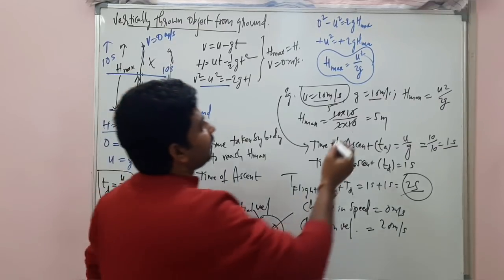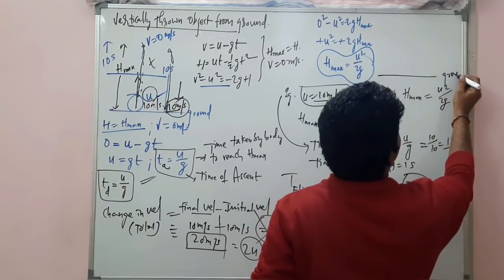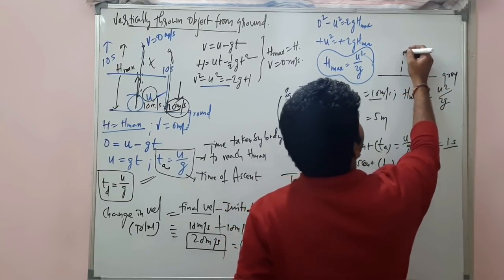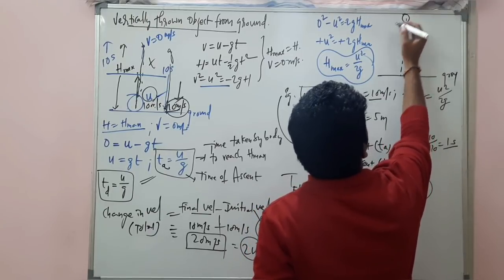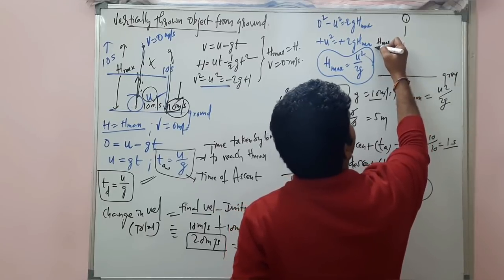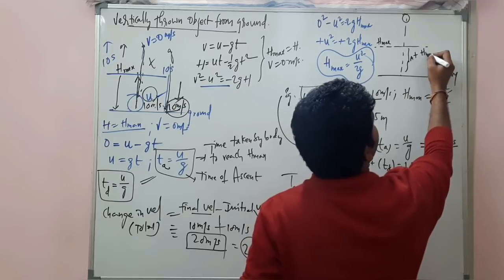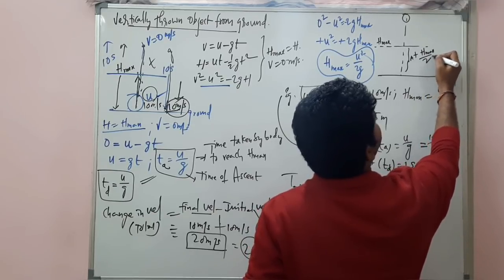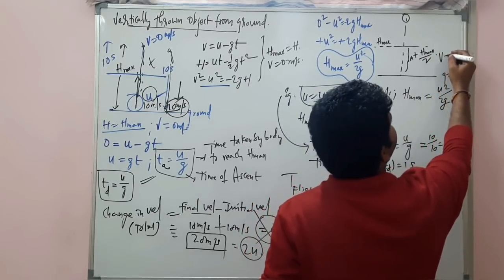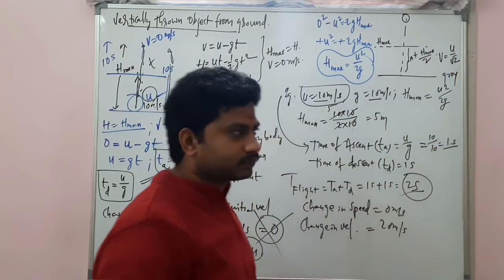Look at this. This is the ground. Body is moving like this and finally reaches the maximum height. At half of the maximum height, look here. At half of the maximum height, you know, the velocity of the body is u by root 2, remember.